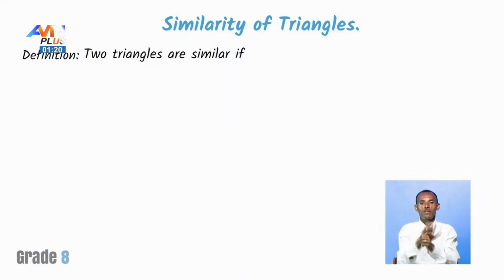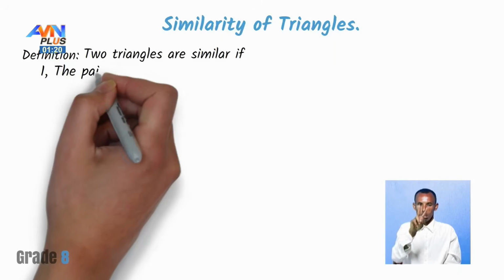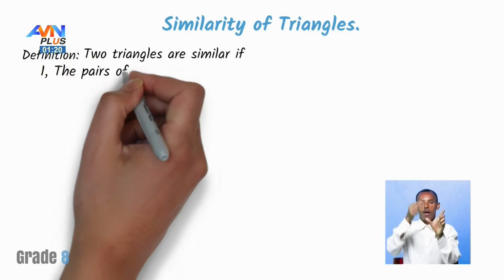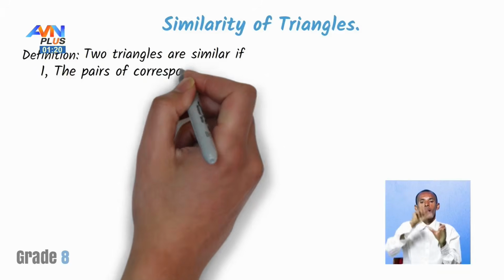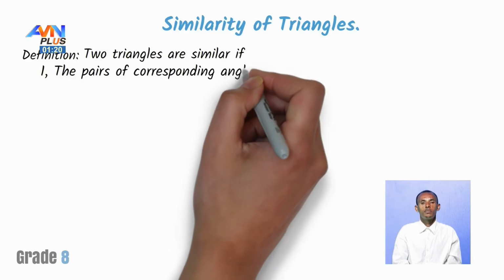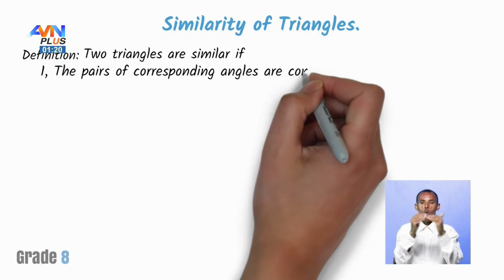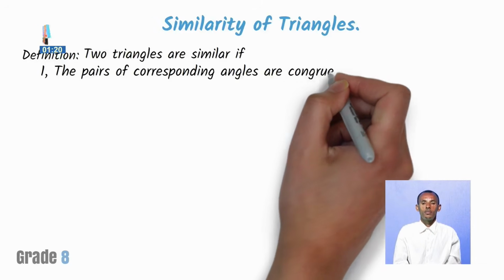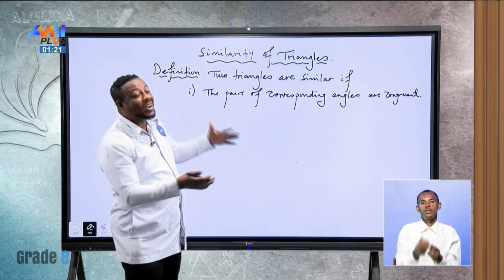The first one, the pairs of corresponding angles are congruent. Okay, so this is the first condition to say the two triangles are similar.